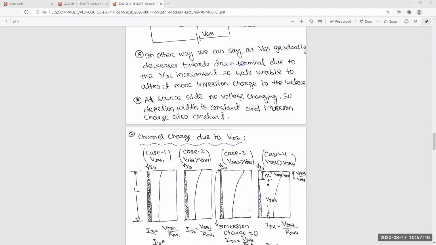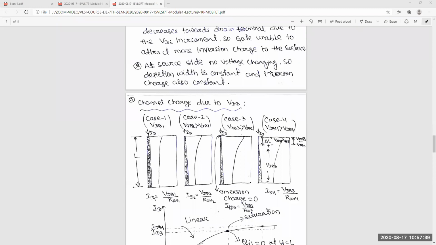So the difference is VDB4 minus VDB3. Now ID4 will be VDB3 by R average 4. So as in the previous case, you can see ID3 is VDB3, ID4 is also VDB3.